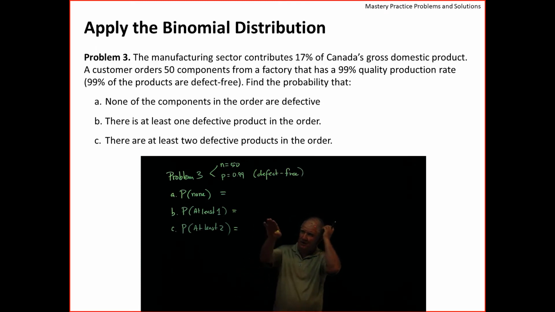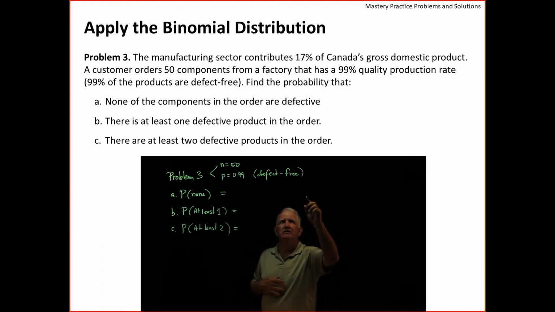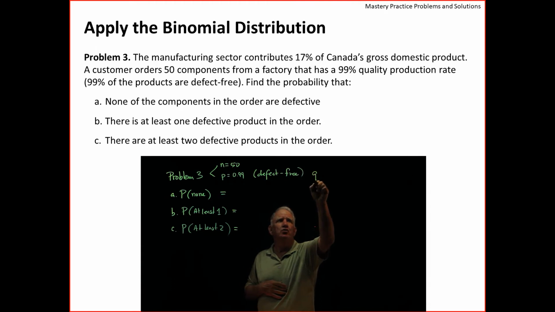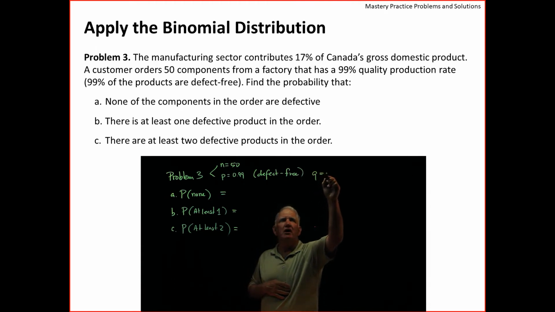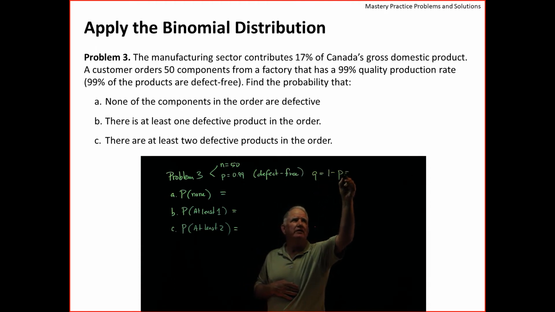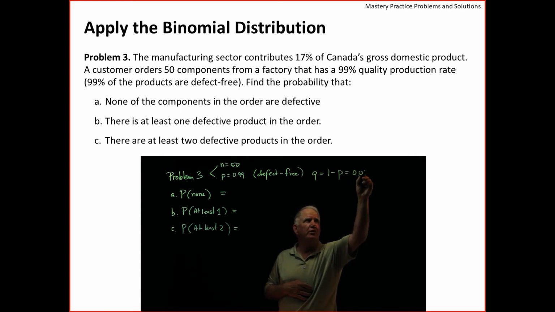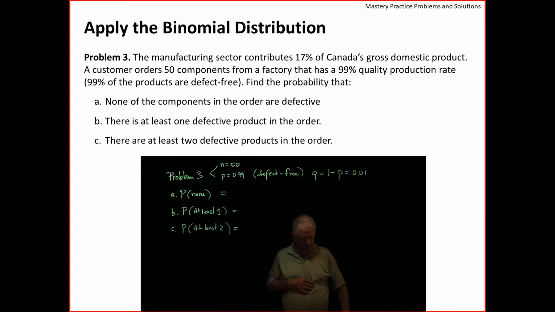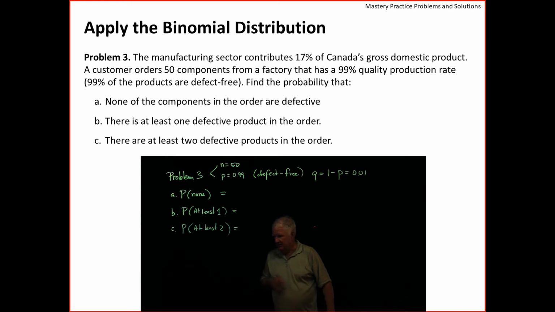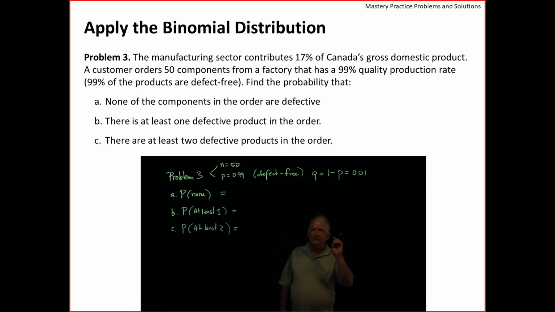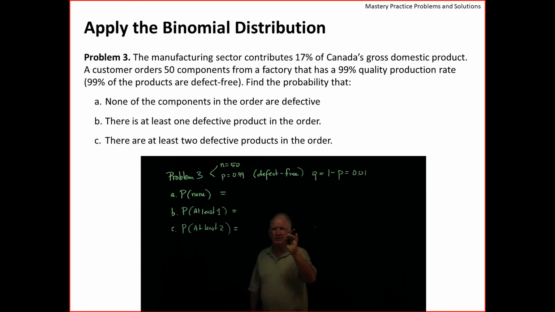Well, I'm dealing right now with the probability of being defect-free. So that means that Q is the probability of failure, and that's 0.1. So, I wish I had my calculator. All I'm being asked to calculate here is the probability of exactly 0 defects.